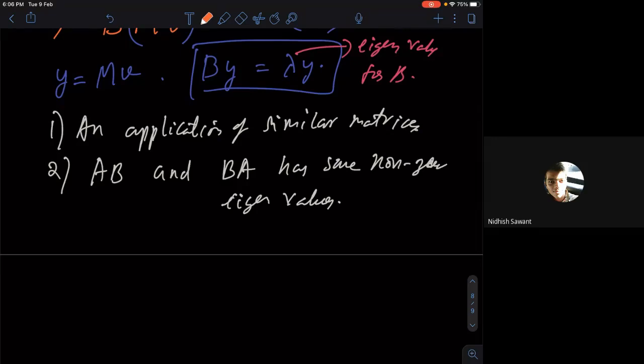And if I have to show that they are similar matrices, I have to show that AB can be written as M inverse BAM. Can I do that? Can you find an M such that AB is equal to M inverse BAM?